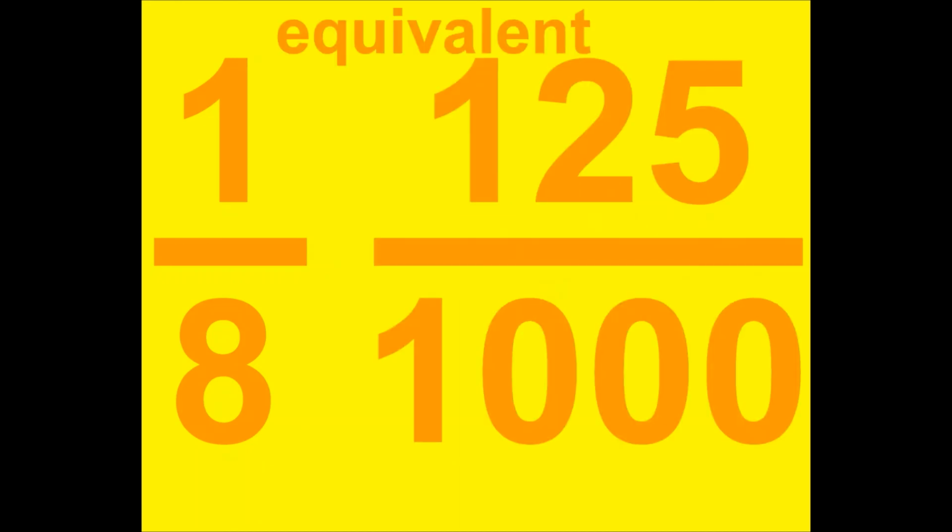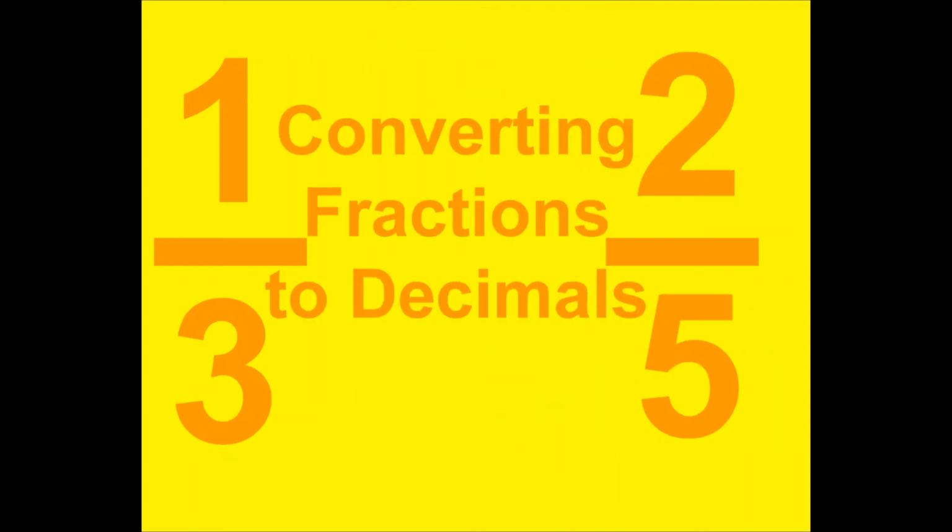Because 125 thousandths is equivalent to 1/8. Very well done! You know, this can work with any fraction with the numerator and a denominator, though mostly you may get a long answer. To not make the decimal go on forever, estimate it and round up or down.